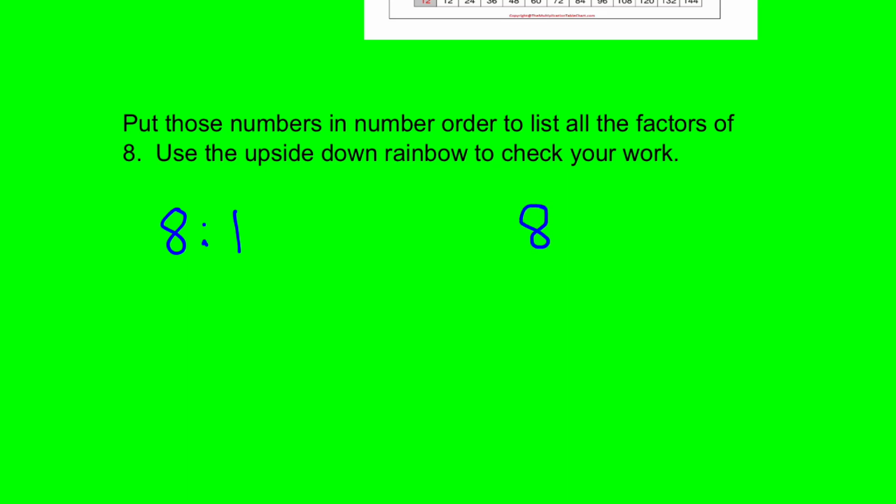I have them do a little upside down rainbow to make the connection between 1 and 8, then a comma and 2 times 4, make the connection that it's 2 times 4. And then look, the number in between 2 and 4 is 3. That's the only whole number in between them, and 3 can't multiply to give 8. So these are all the factors of 8.